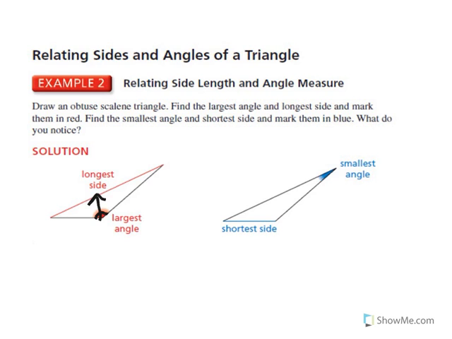They're always going to relate with each other, and they'll always be directly across. Over here, in our next triangle, this is the smallest angle, and if we go directly diagonal across from that smallest angle, we would have the shortest side. They relate to each other.